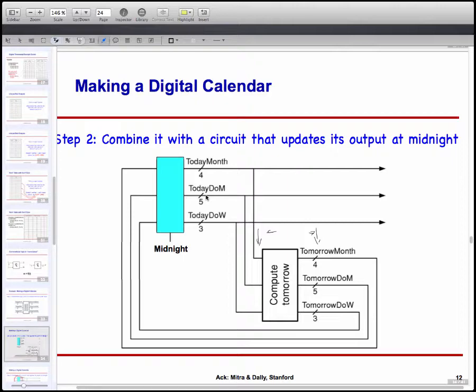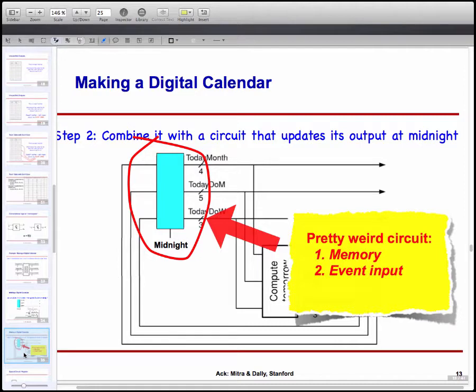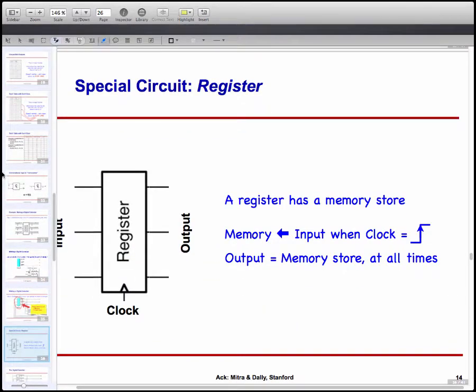The latter part of the course is going to deal with this, but it's a weird circuit. It's much more complicated. It has memory, and it takes this funny input, a tick, which is the midnight tick, which is something I referred to earlier as clock. We'll see much of this starting maybe around week 6 or so. The special circuit is called a register.